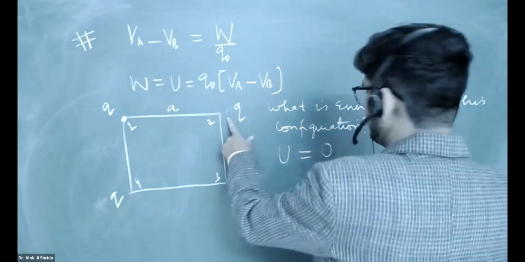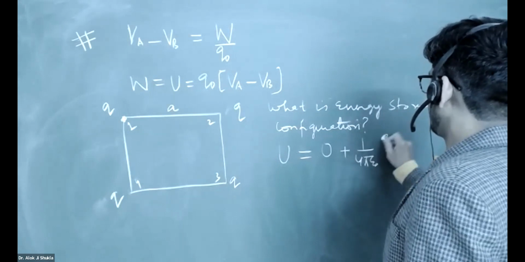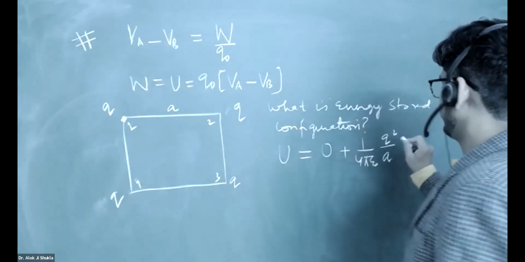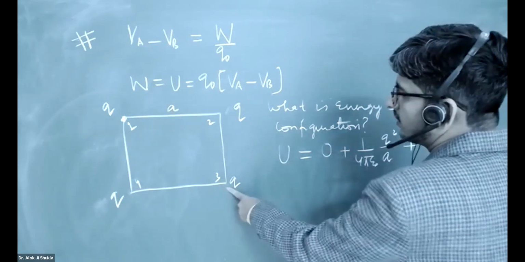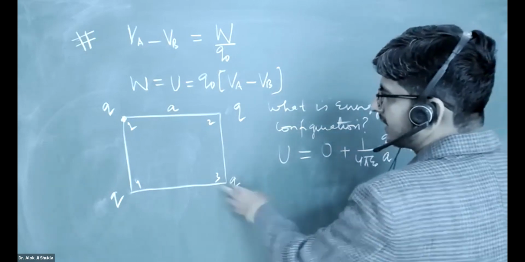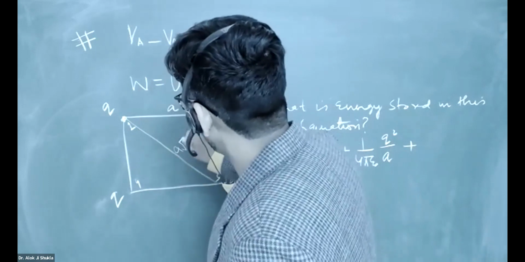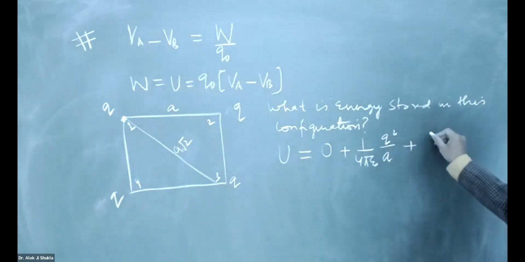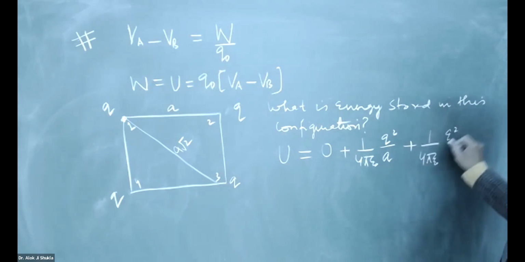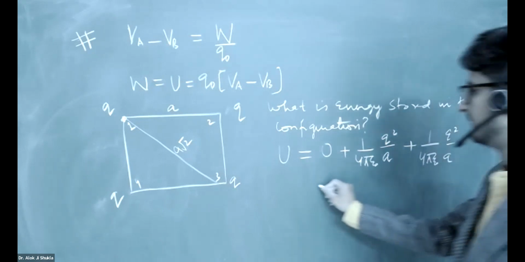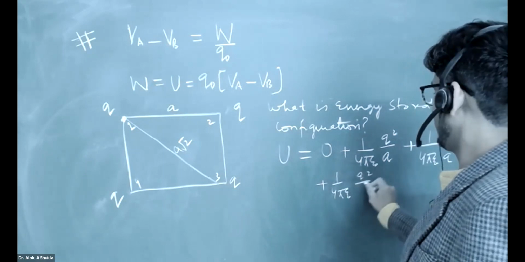Then you bring this charge, then the energy will be 1 upon 4 pi epsilon naught q square by A. Then you bring the third charge. Now, these two charges are already present, and this distance is A root 2. So the work done is 1 upon 4 pi epsilon naught q square by A plus 1 upon 4 pi epsilon naught q square by A root 2.